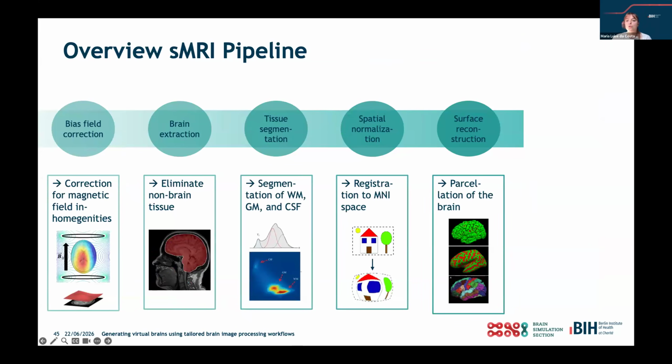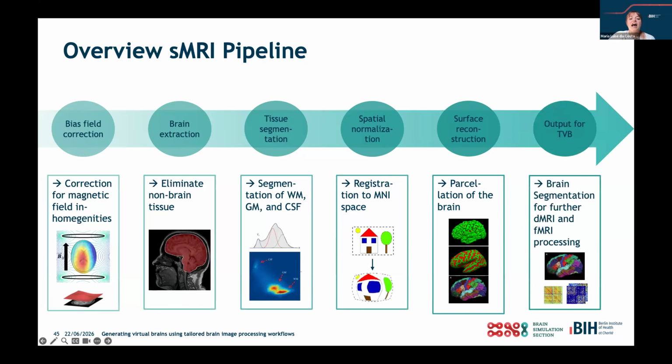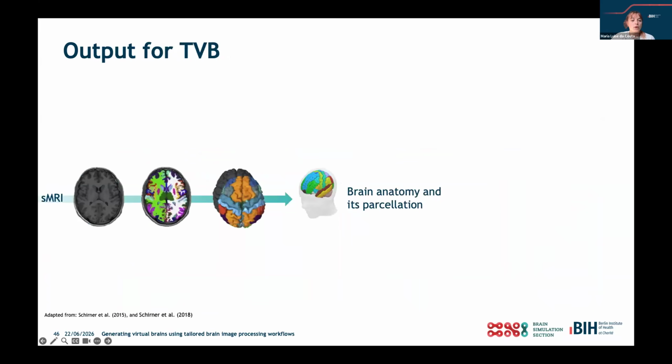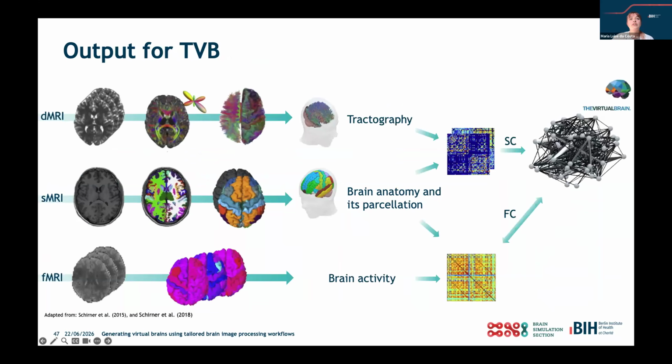Okay, now we have our wonderfully parcellated brain. What do we need this for? How do we get into TVB? Well, this parcellation itself will not immediately go into our model. We need this parcellation to feed it into the other two pipelines.